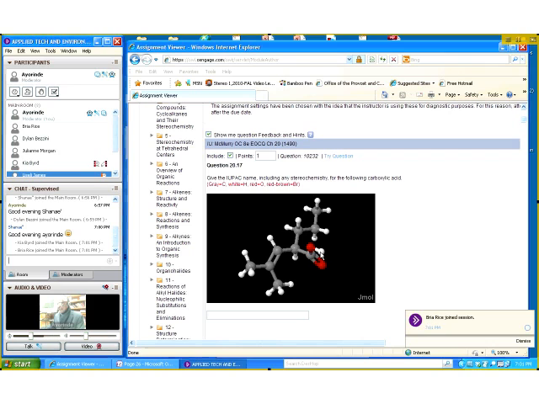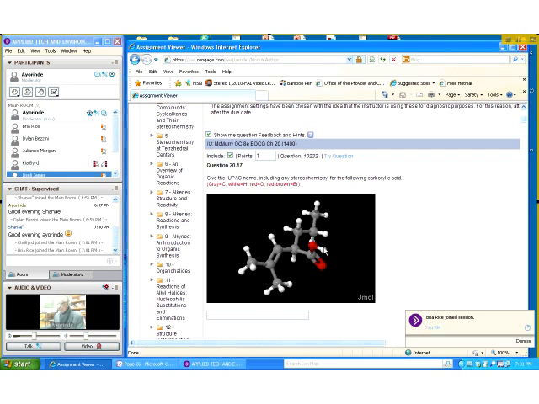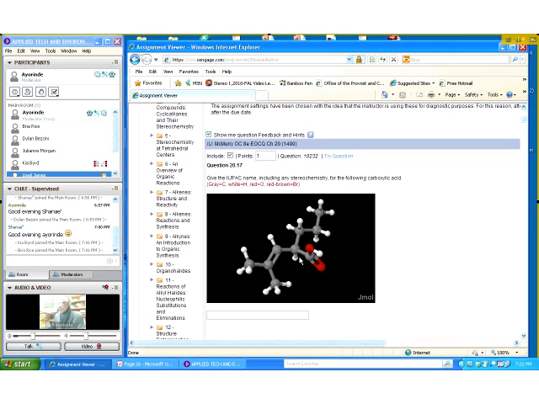Okay, what they want us to do here is to give the IUPAC name for this molecule here. As you can see, in this molecule, you have a carboxy group. This is your hydroxy group, and this is your carbonyl, so this is a carboxy group. And you also have a carbon-carbon double bond. If we take a look at this molecule here, what would be the longest carbon chain that contains the carboxy group if we have to give the IUPAC name? Does anybody have an idea?